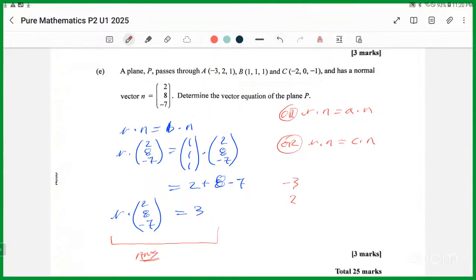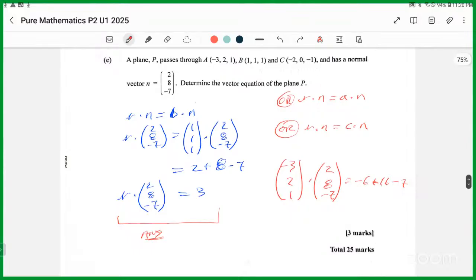So the scalar product with this and this is going to be the same. Let's do it. Negative 3, 2, 1 with 2, 8, negative 7 will be negative 6 plus 16 minus 7. See that? This is 10 minus 7, which is 3. And then if we did it at this point, it will be negative 2, 0, negative 1 dot 2, 8, negative 7.